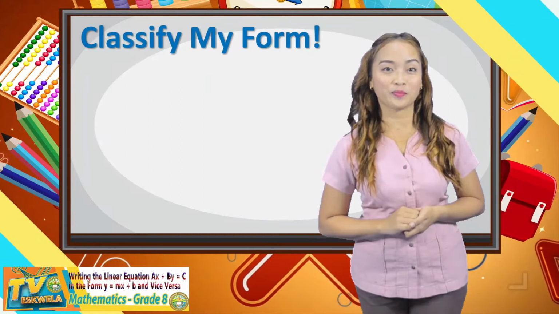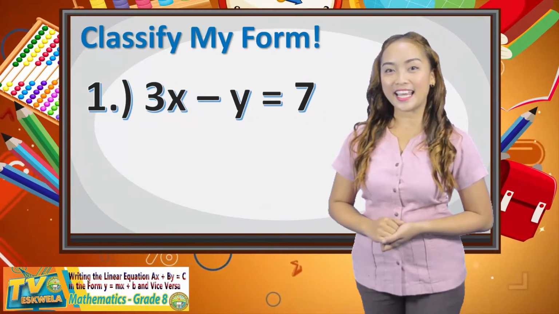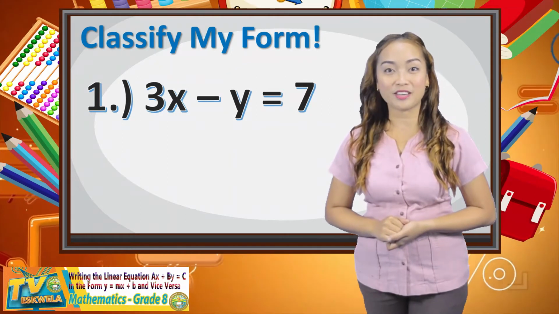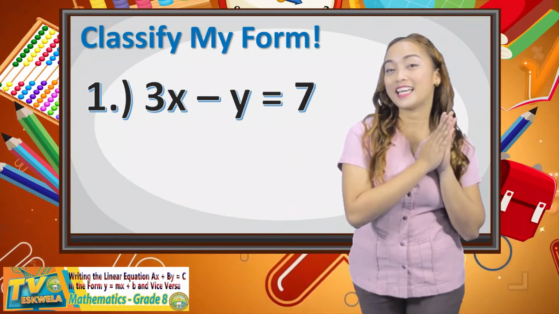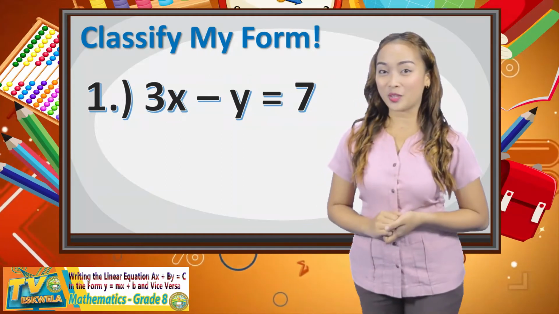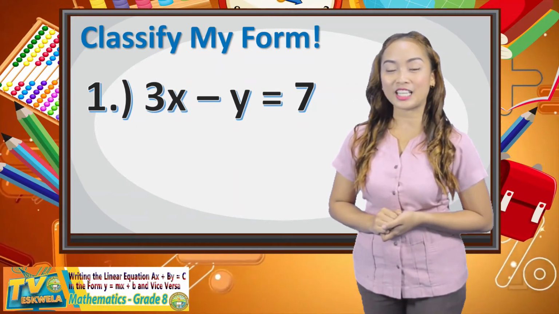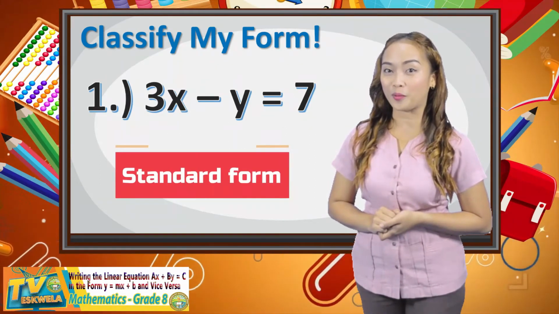Classify my form. Number 1. 3x minus y is equal to 7. If you clap once, you're correct. The equation 3x minus y is equal to 7 is in standard form.